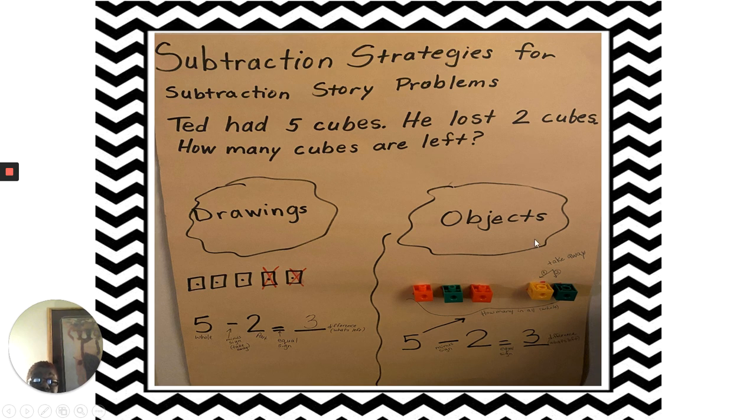Take away 2 cubes, leaves me with 1, 2, 3. And notice, boys and girls, how we have the same numbers because this is the same word problem. I did one with a drawing and one with an object. 5 take away 2 equals 3. Another way I can read this is 5 minus 2 equals 3.